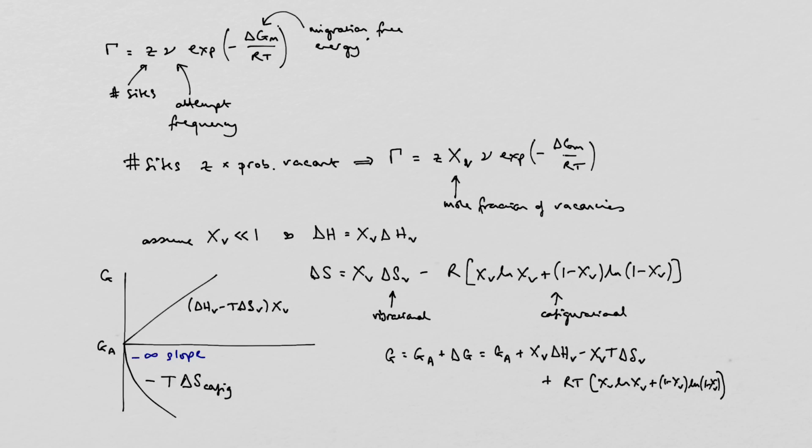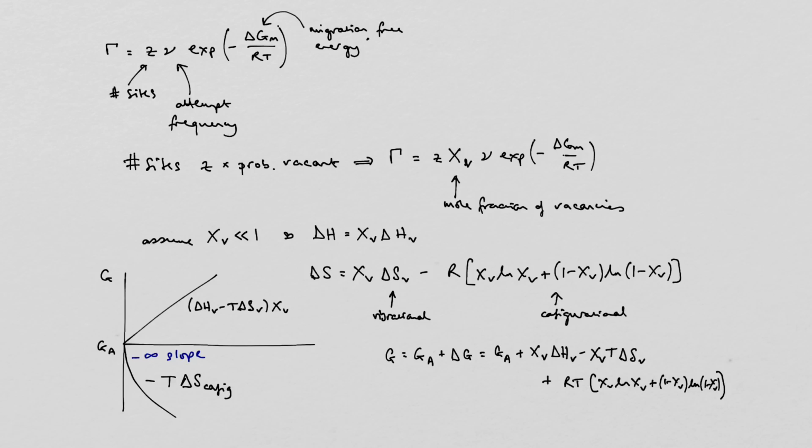Because when you differentiate this function, the combination of logs, the derivative goes like 1 over X_V. So the derivative diverges as you approach this left-hand edge. And that negative slope, remember, is what always meant that you got a bit of mixing in your binary alloy, close to perfect A and close to perfect B. The miscibility gap never filled the entire range of compositions because entropy always beat enthalpy in the dilute limits.